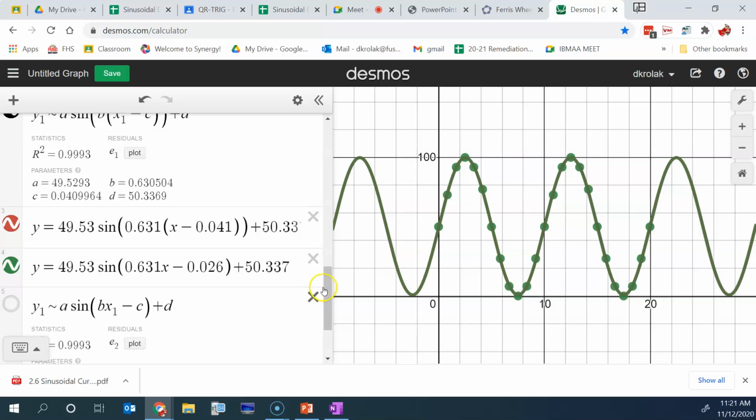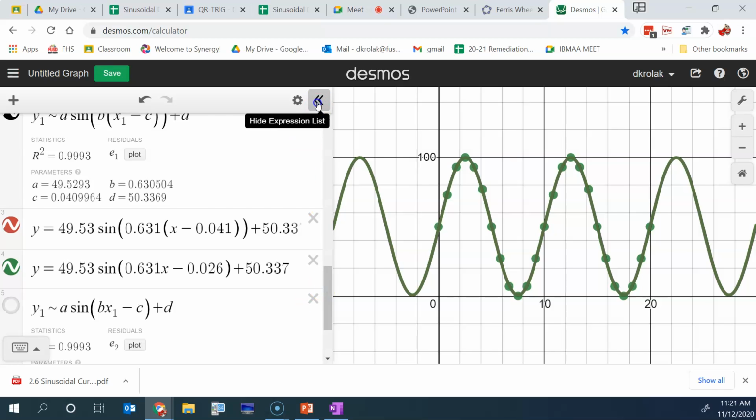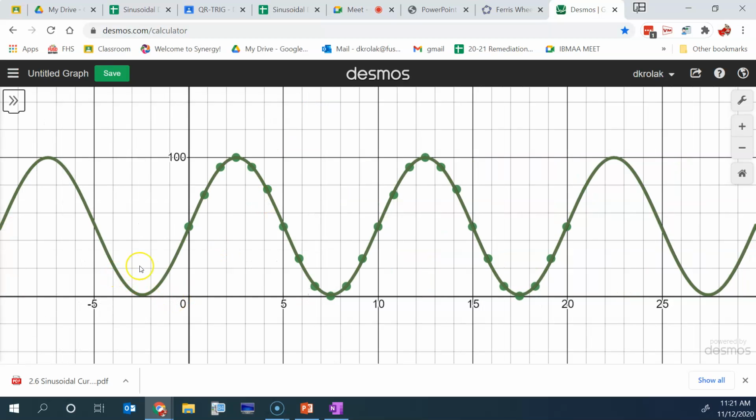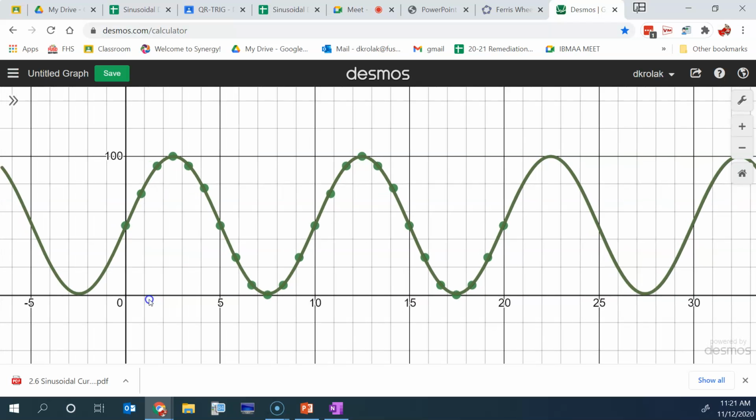Where would you look on your graph? What's the height of the rider? Because that's not in the table. How could you use this graph to solve that? Here's 20 seconds, 21, 22. How could I figure out what this point is?